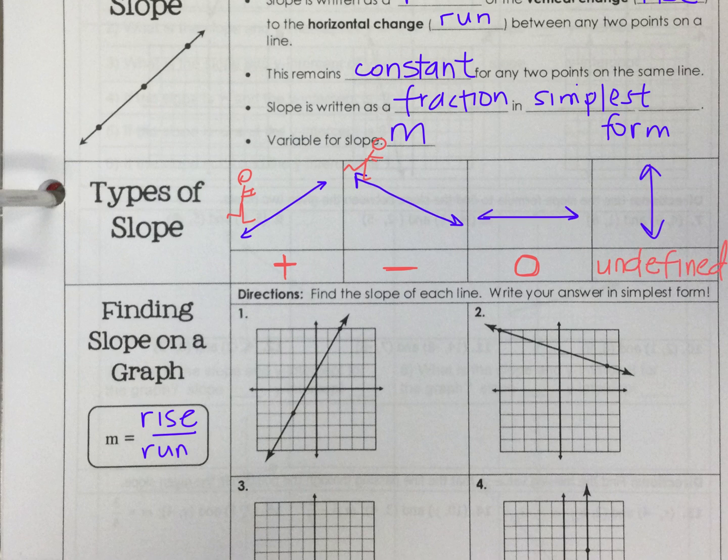All this is review. Okay, now we're going to find the slope. So, first I'm going to look at this. If I had a little guy that was standing on the end right here, he would go up the hill, so we know it's going to be a positive fraction. So, I'm going to take my 2 points.